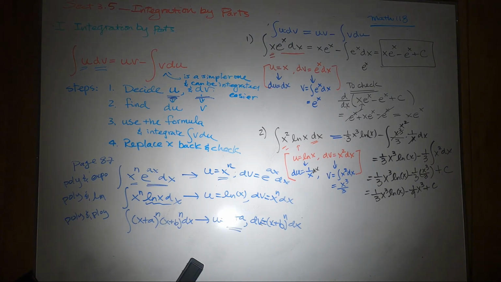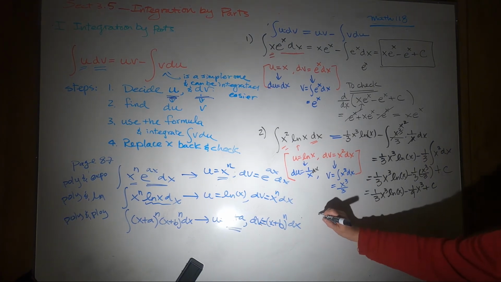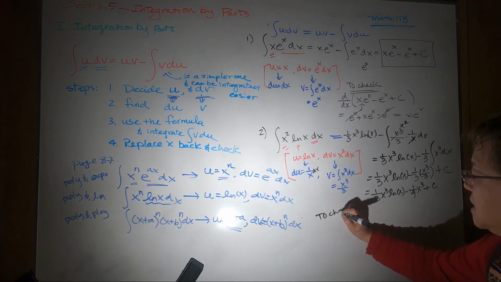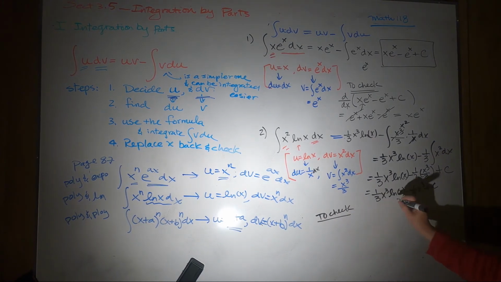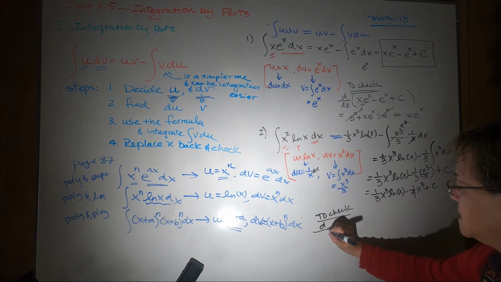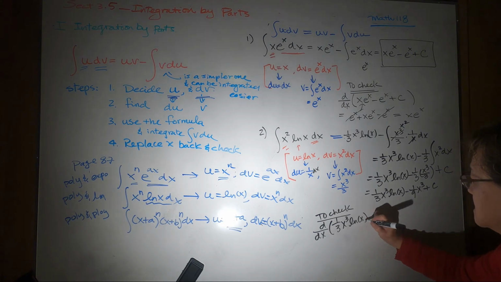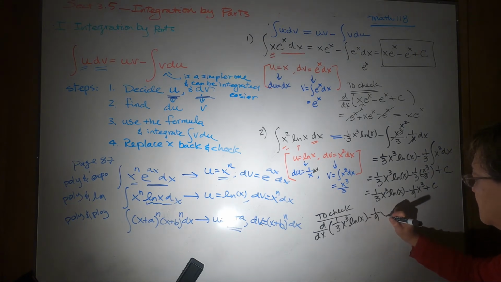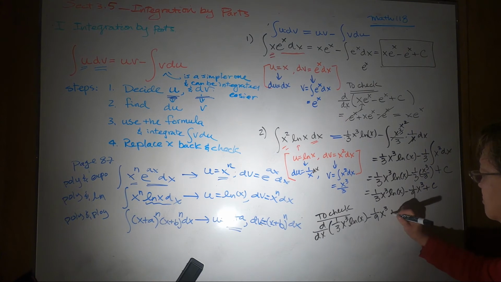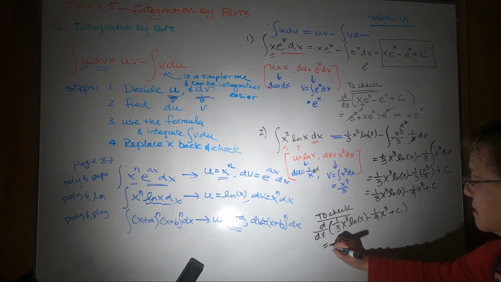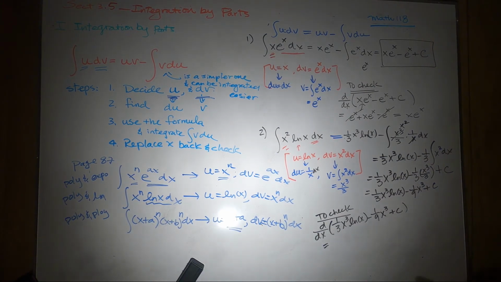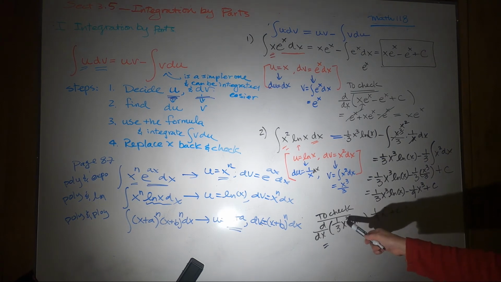And let's check. To check, you take a derivative of this: d/dx of 1/3 x cubed natural log x minus 1/9 x cubed plus c. Then you follow the product rule for this.